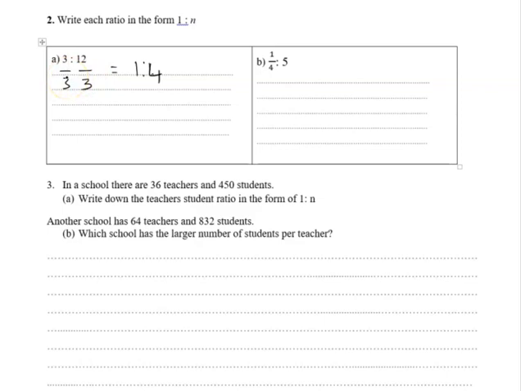Question number 3. In a school there are 36 teachers and 450 students. Write down the teacher-student ratio in the form of 1:n. So teachers to students, you've got 36 to 450.